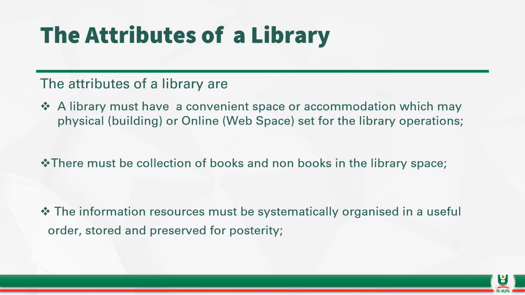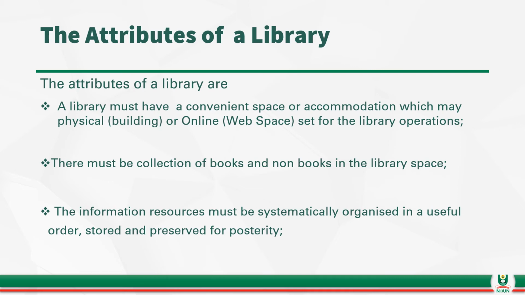Now let us find out what are the attributes, what are the things we have discovered in this definition. One, the library has a convenient space accommodated, which may be physical or online, set for the library operation.